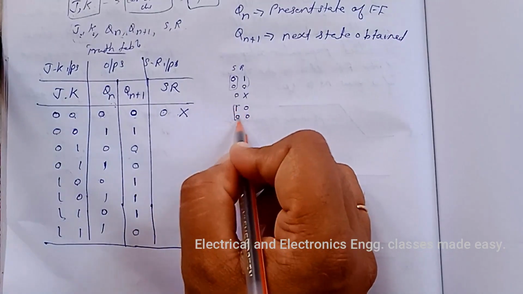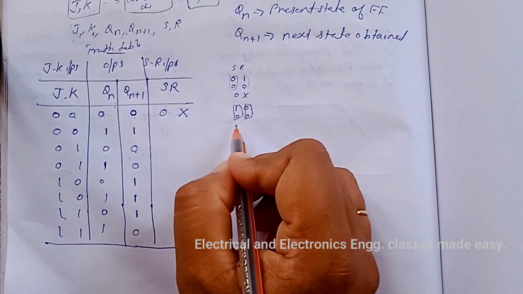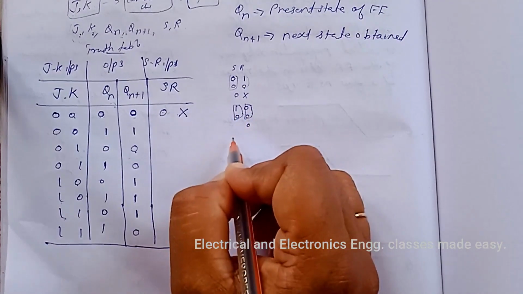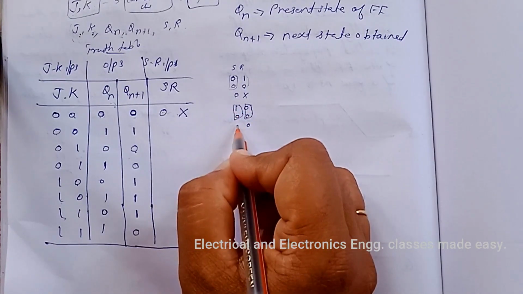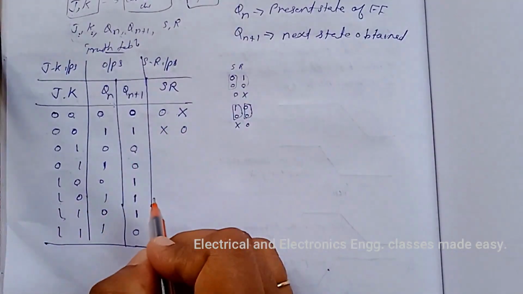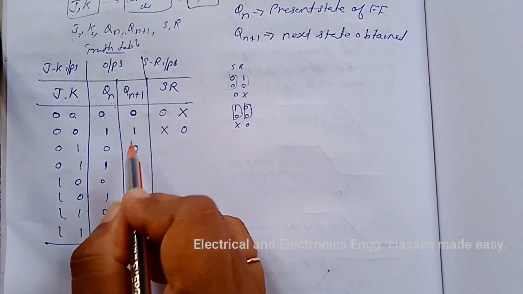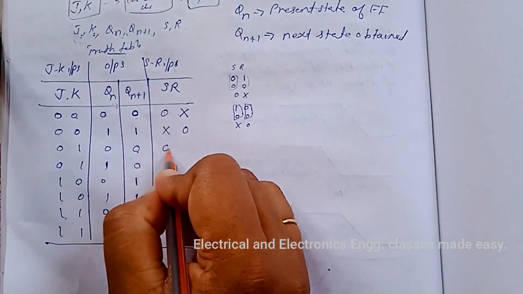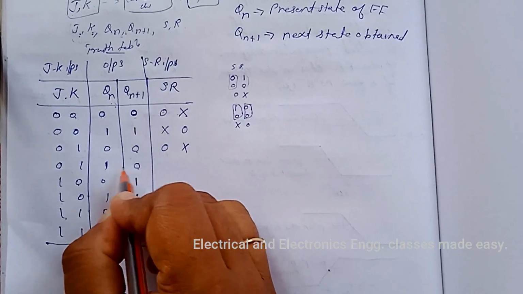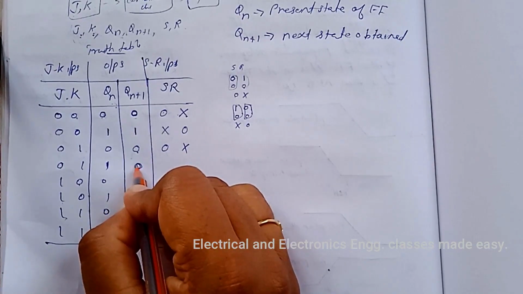So here these are the possible combinations, that is, R is 0 always, S is changing. So we can write don't care and 0. Here also 0 0, 0 0 means we can write 0, don't care, and here 1 0. So this is the output to be obtained.